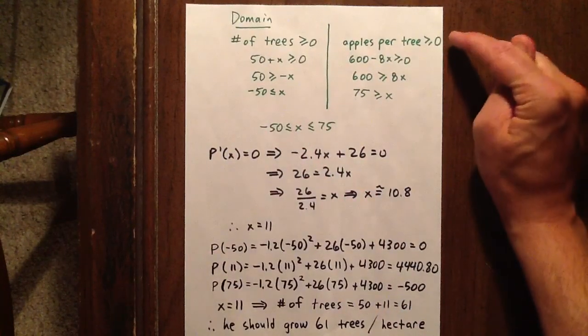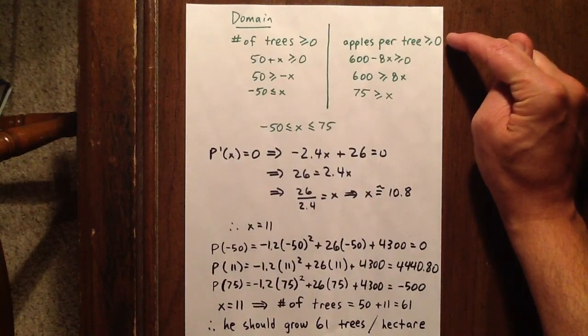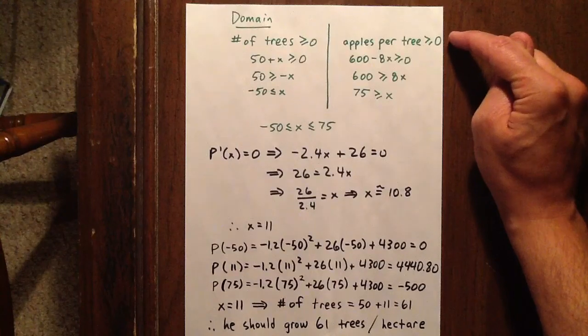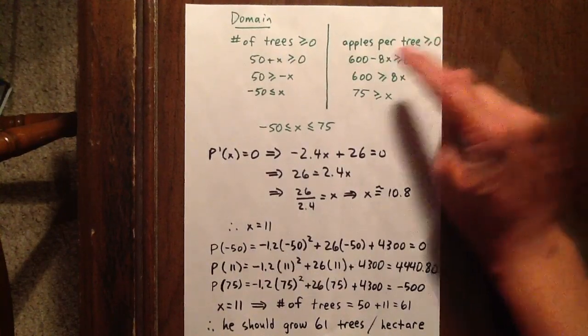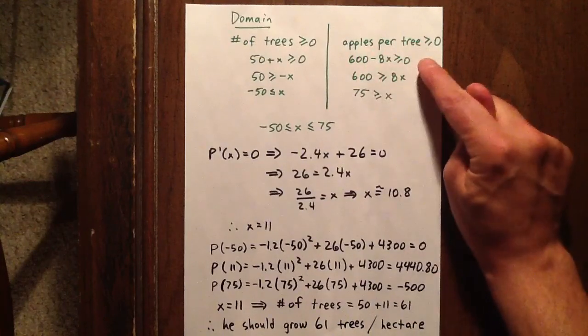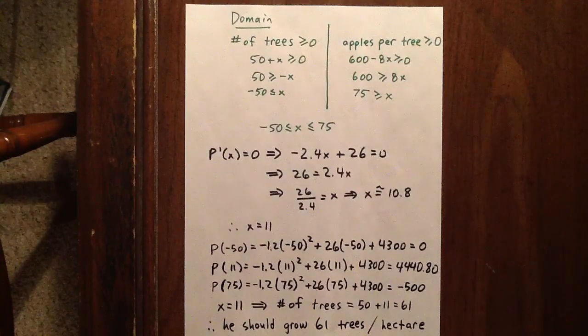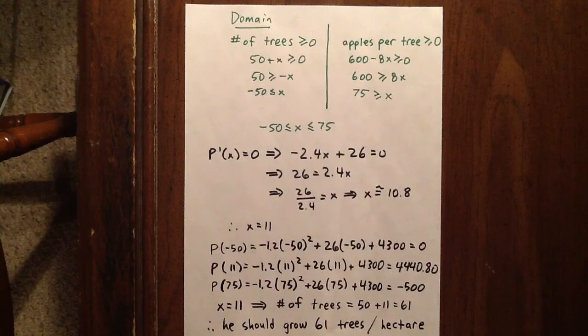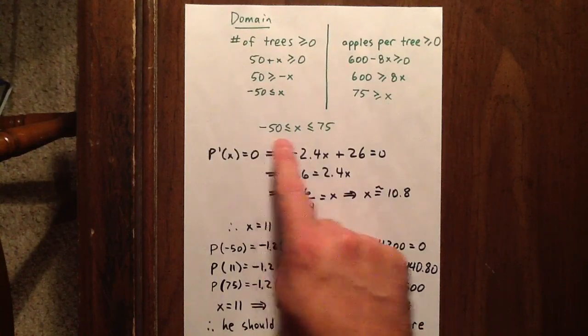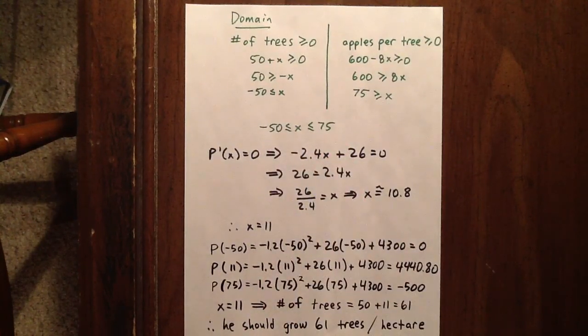Now, you might say, how could we ever know the maximum number of trees to grow? We could simply say that the apples per tree has to be greater than or equal to 0. Well, the apples per tree is 600 minus 8x, so in theory at least, x has to be less than or equal to 75. So what we have is a domain of negative 50 less than or equal to x less than or equal to 75.